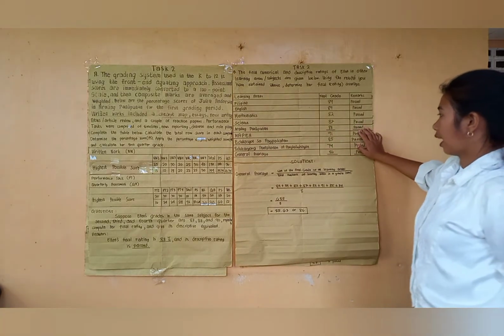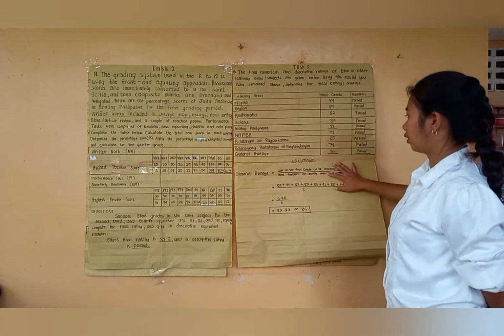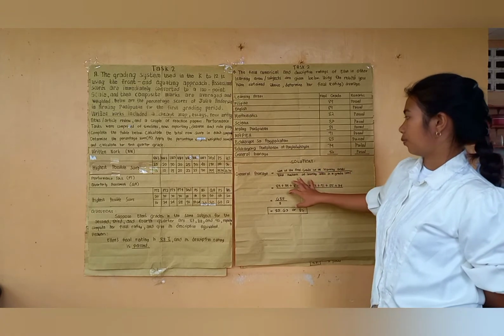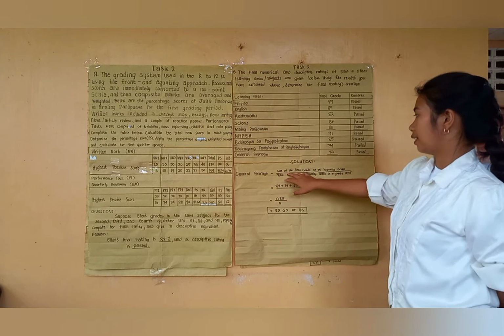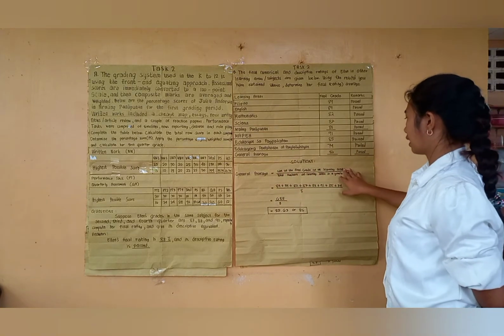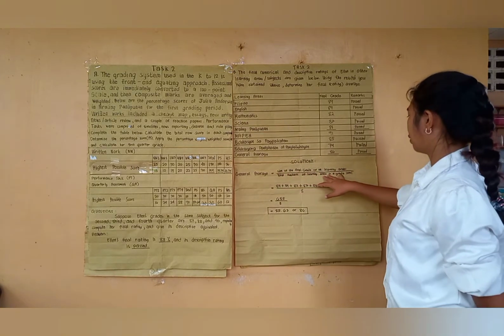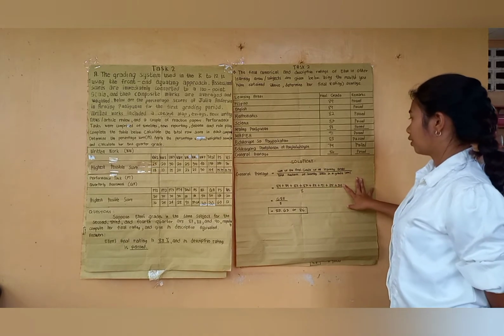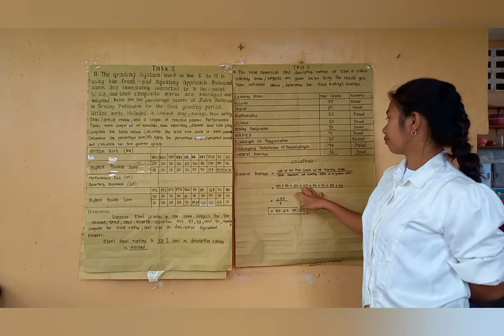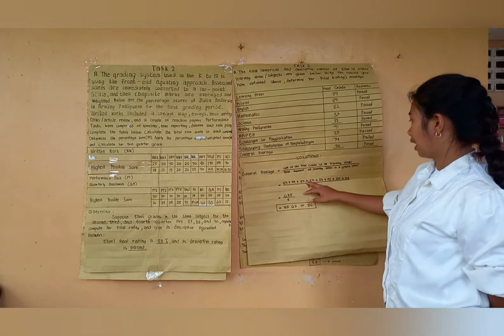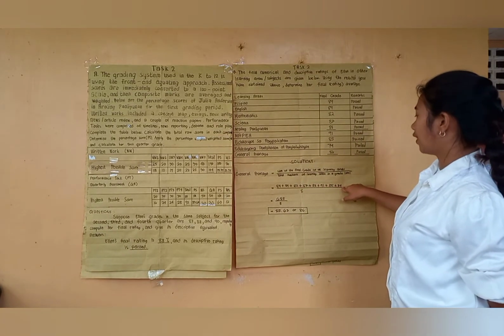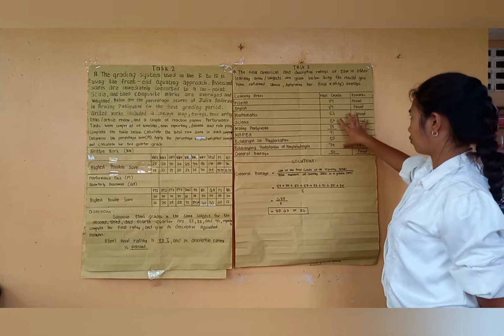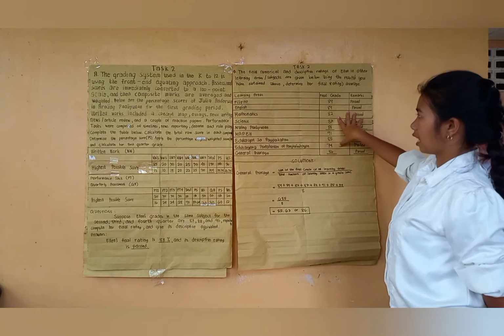So how to find the general average is we use the formula of general average: sum of the final grade of all learning areas divided by total number of learning areas in the grade level. So 89, 87, 88, 91, 85, 74 is the final grade of Ellen in each subject.